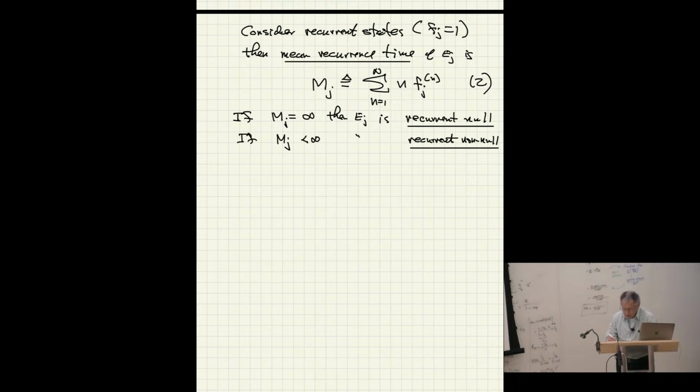So finally, I want to define the quantity pi sub j super n as the probability you find the system in E_j at time n.